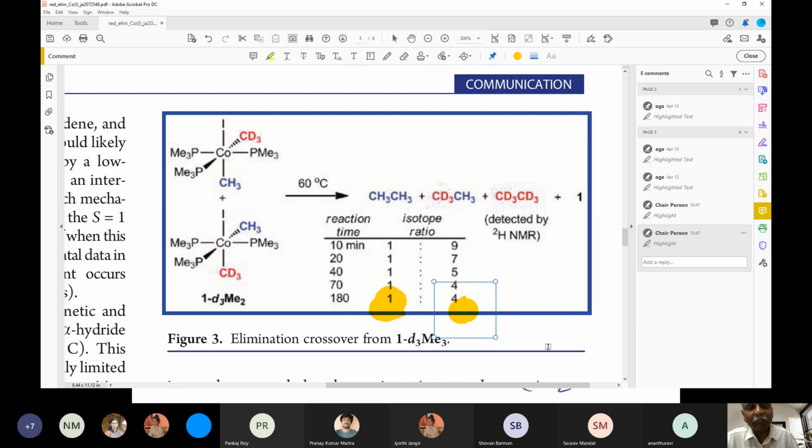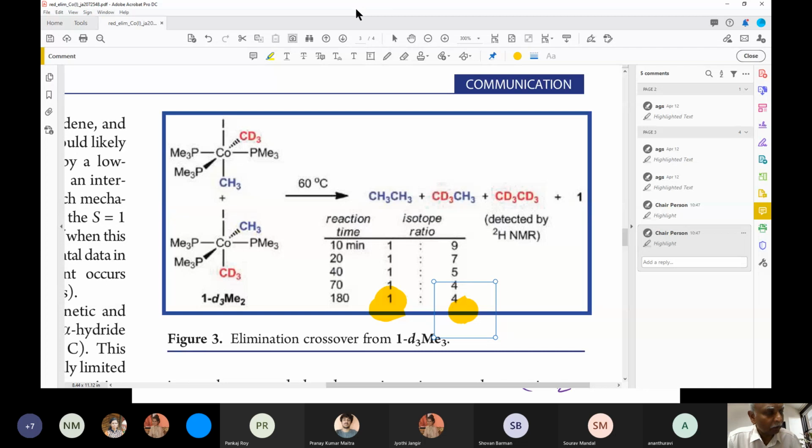Since the 5-coordinate intermediate can bridge through the iodine, you can have exchanges of the methyl and the CD3 groups between two different cobalt species. So that was also studied by them. In other words, the net result is a very complicated result. It clearly suggests that you can have a complicated reductive elimination pathway.